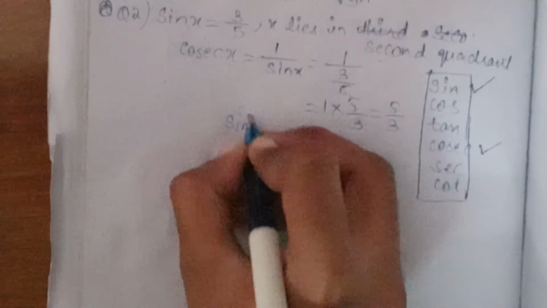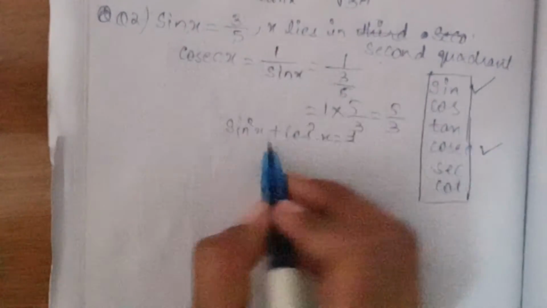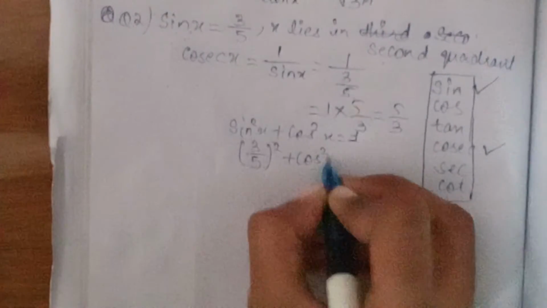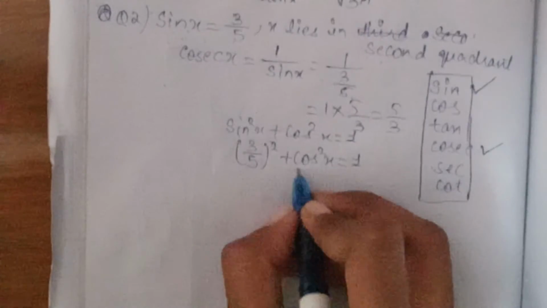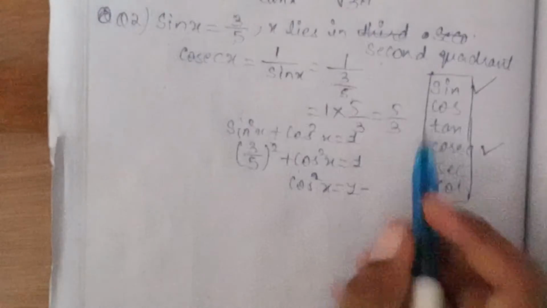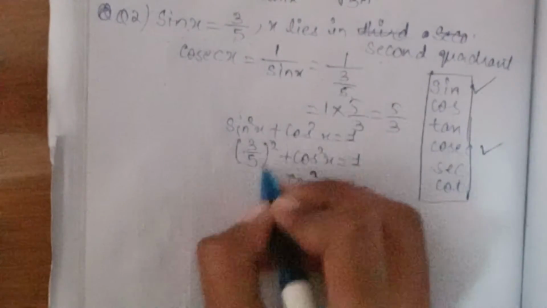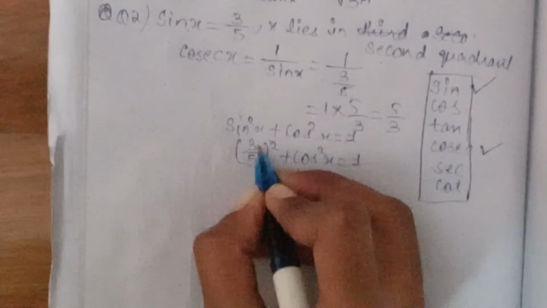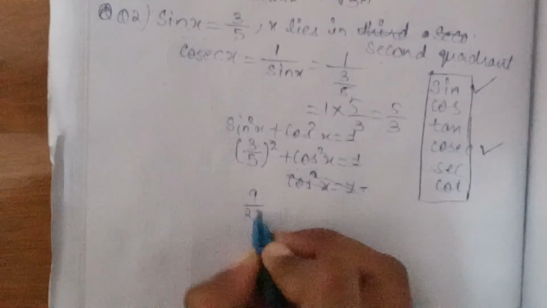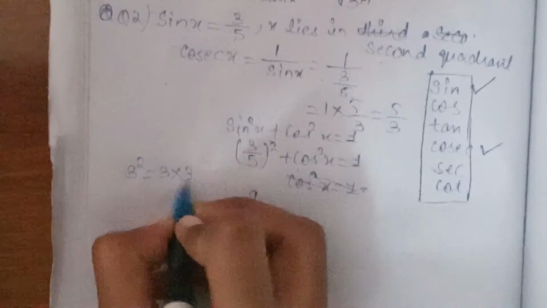So sine square x plus cos square x is equal to 1. We know the value of sine, that is 3 by 5, so (3 by 5) square plus cos square x is equal to 1. We need the value of cos. 3 square is what? 9. 5 square is what? 25. 3 square means you have to write the 3 two times, 3 threes are 9.